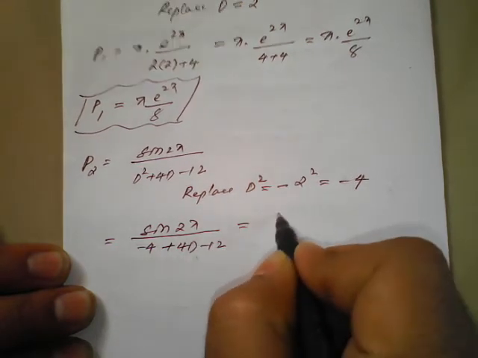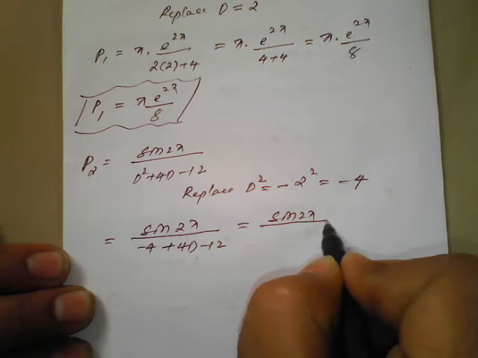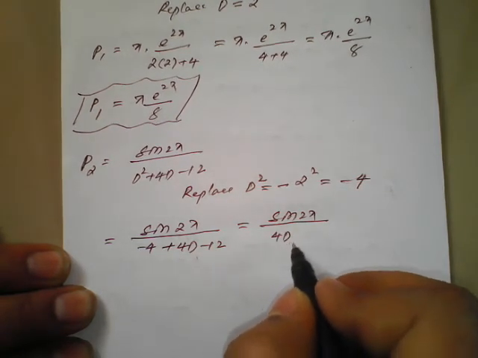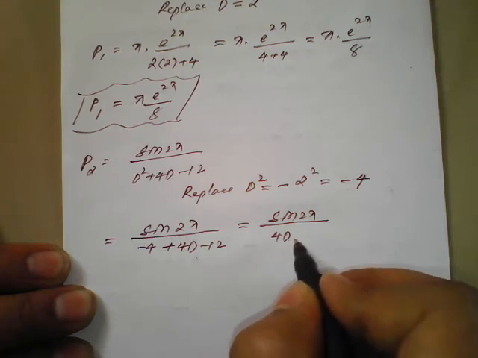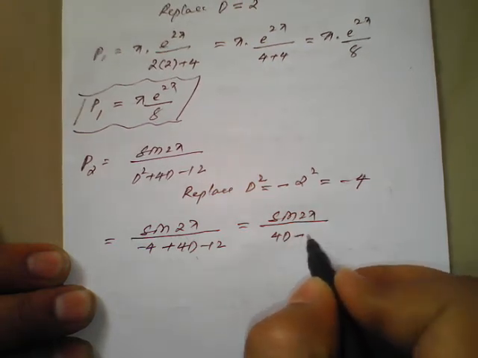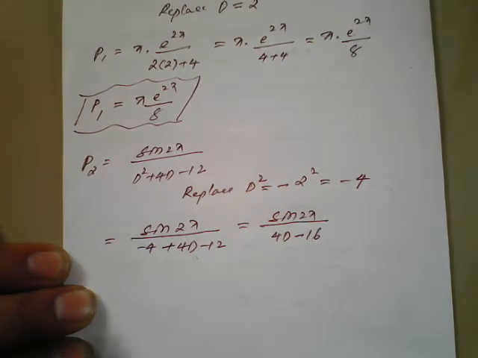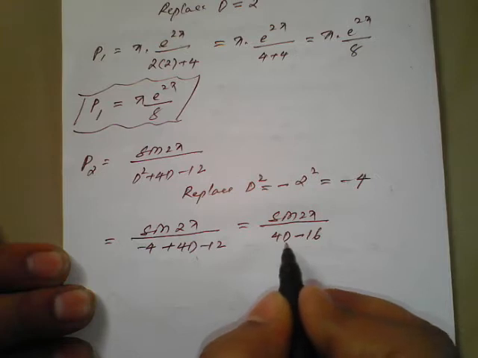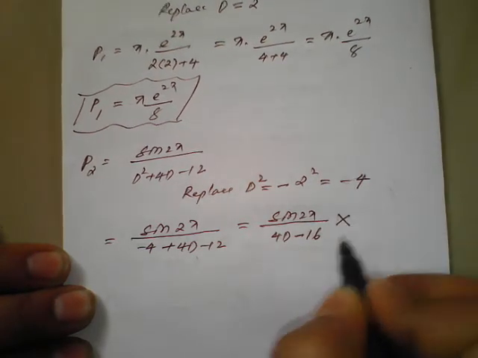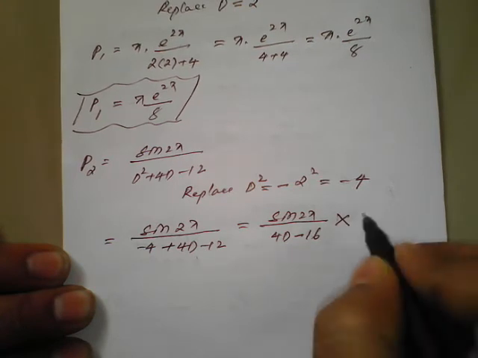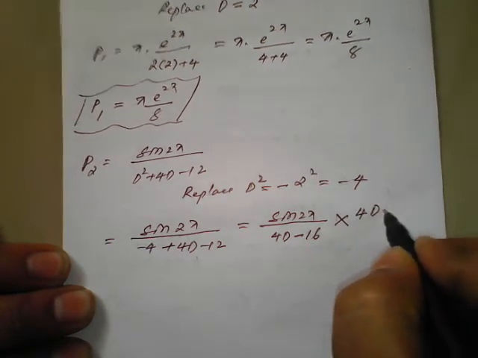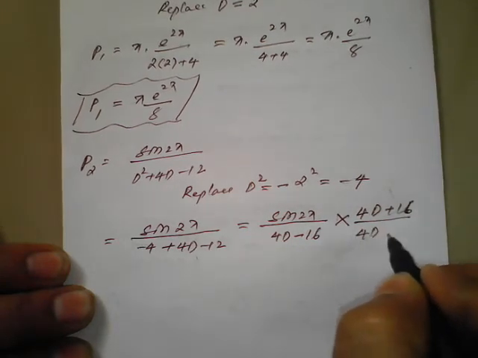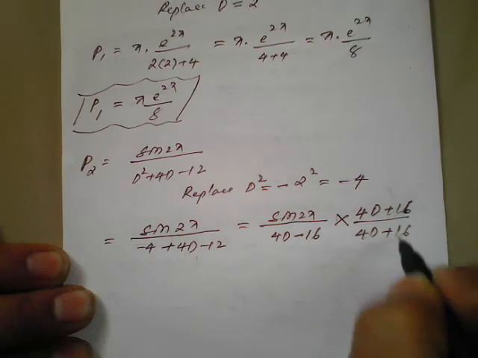Simplify, this will become sine of 2x divided by 4d minus 16. We don't have any d square term here. For such a case we'll rationalize the denominator by taking the conjugate. So the conjugate of 4d minus 16 is 4d plus 16, divided by 4d plus 16.